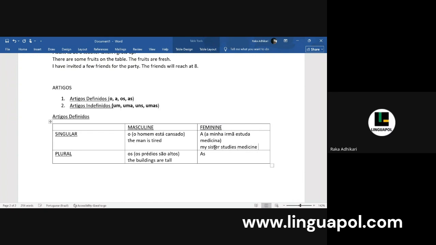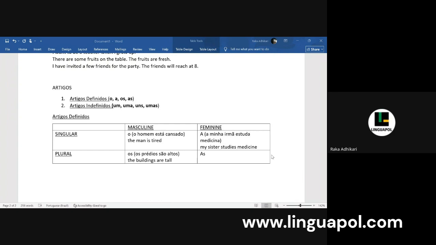Why are we using the definite article here? Why a minha irmã? Although we are not using an article in English at all, in Portuguese we are. Why are we using the definite article in this? Ma'am, because it refers to my sister. It is confirmed that it is. Any other ideas?